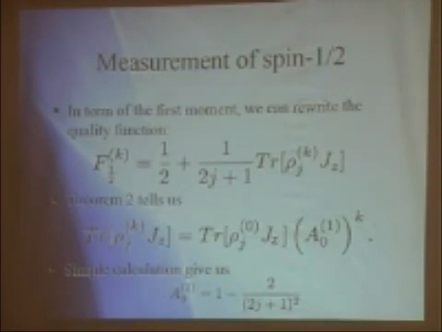If you repeat that step k times, you simply get that the first moment of the quantum reference frame at step k is equal to the first moment of your initial quantum reference frame multiplied by a constant to the power k. And it turned out that calculating that constant is pretty easy. So from this, we get a really nice way of seeing how the function behaves exponentially with that factor here.